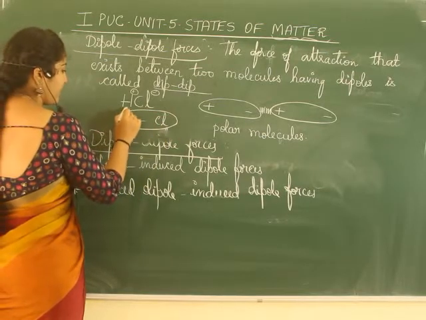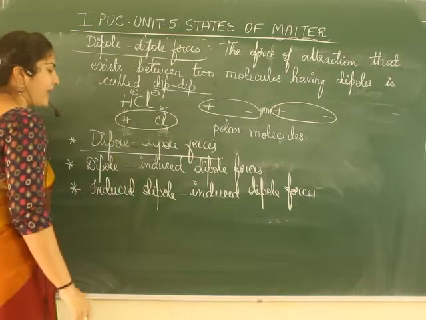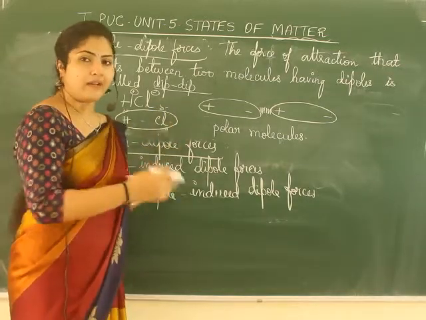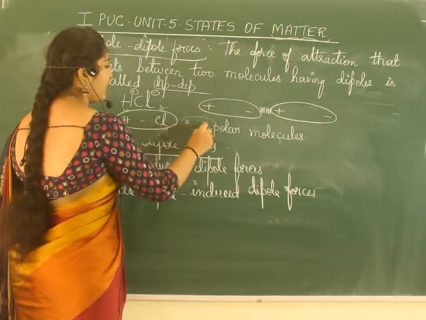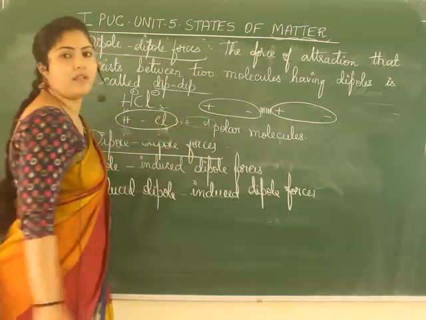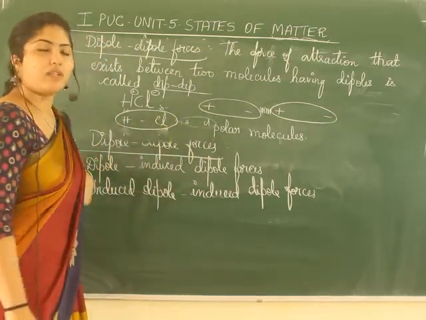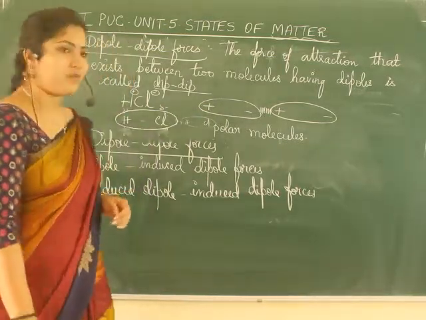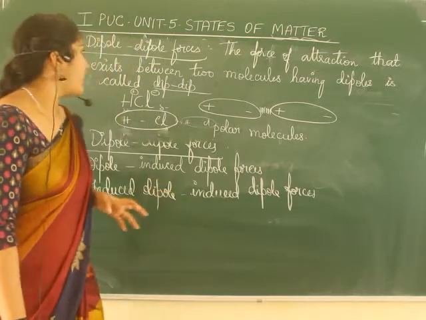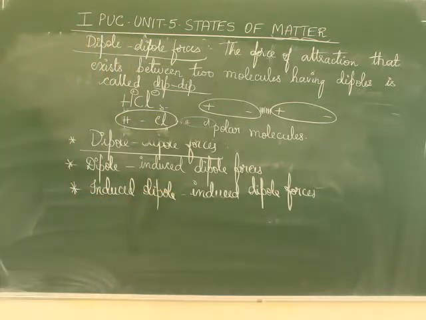There is a positive end, there is a negative end. Same way, how do they attract? One more HCl molecule, here H, here Cl. The force of attraction between the polar molecules is called dipole forces. Clear now?